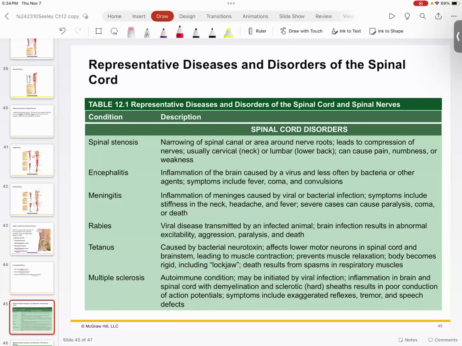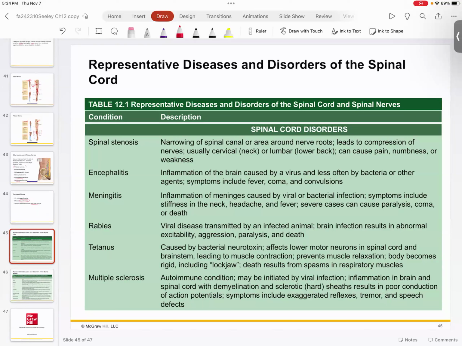And so this is basically a couple of the different disorders that we have. I don't want to spend a ton of time on the disorders because you could probably spend a good amount of time on each one of these. But these are basically different types of spinal cord disorders, ranging from structural issues like narrowing of the spinal canal or inflammation of the area, so different types of inflammational disorders, some autoimmune conditions like multiple sclerosis, which will cause the breakdown of myelin, causing dysregulation.